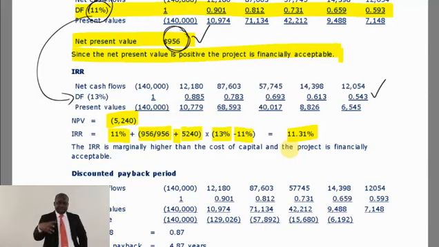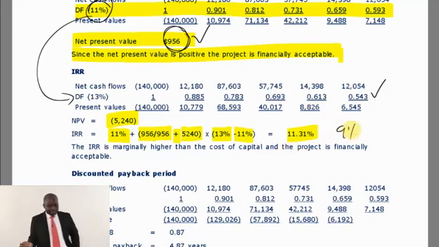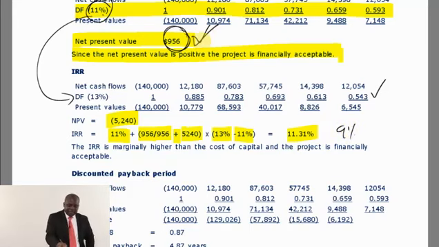Okay, so if you have understood the mechanism, the internal rate of return is the maximum cost of capital. So any cost of capital which is less than the internal rate of return, the NPV will be positive. So if you know that mechanism, you cannot calculate internal rate of return and get, let's say, 9% here. I won't accept it because 11% gave me a positive.